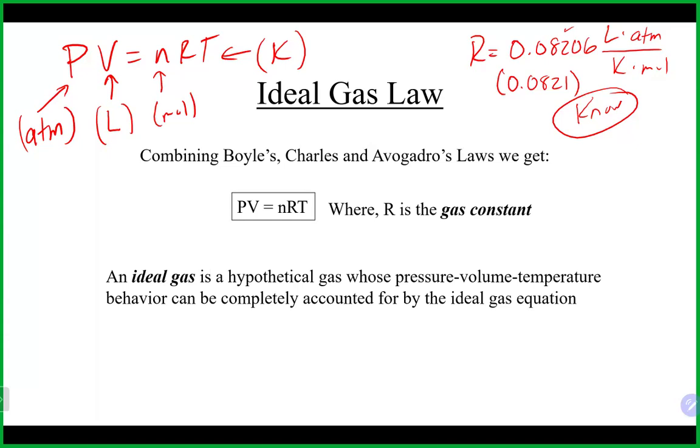That's why in a lot of problems, when they mention the volume, they mention the volume of the container rather than the volume of the gas itself. In an ideal situation, the gas volume itself is super small. You don't have to worry about it.